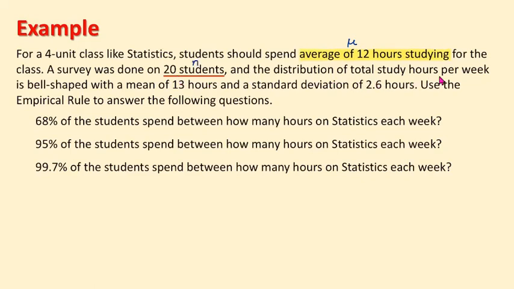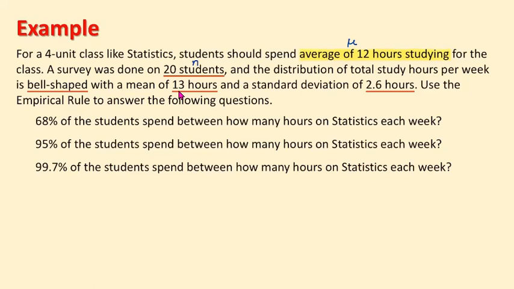And the distribution of the total study hours per week is bell-shaped. So when we performed that study, the number of hours spent is found to be bell-shaped or normal with a mean of 13 hours and standard deviation 2.6 hours.